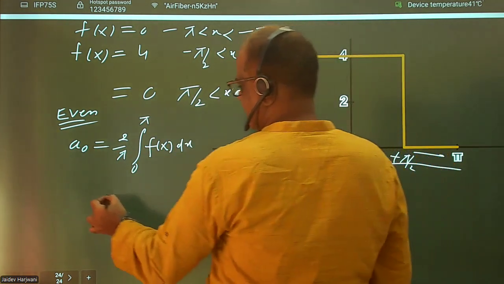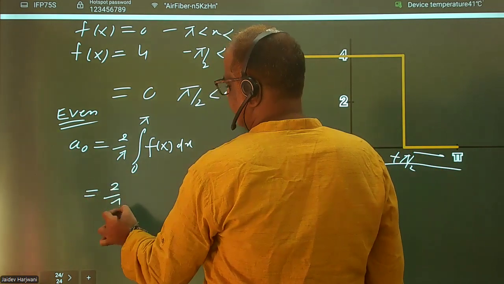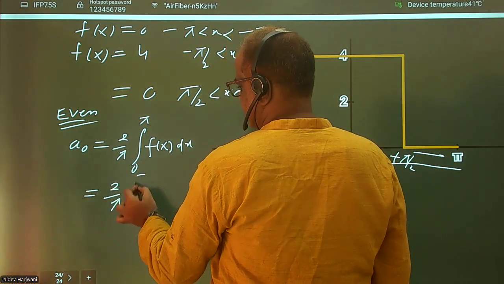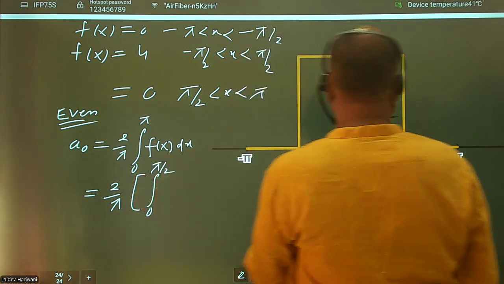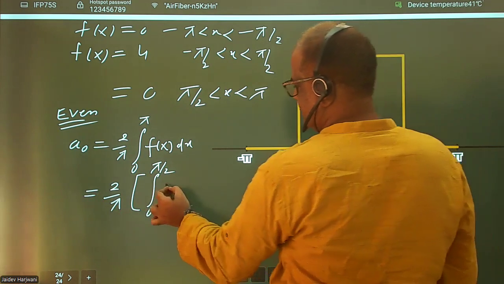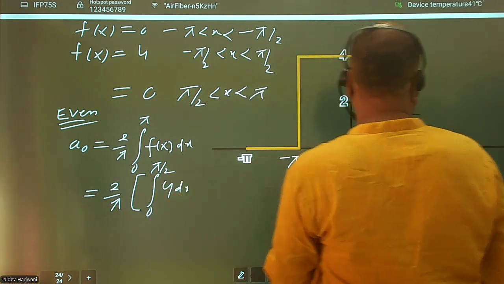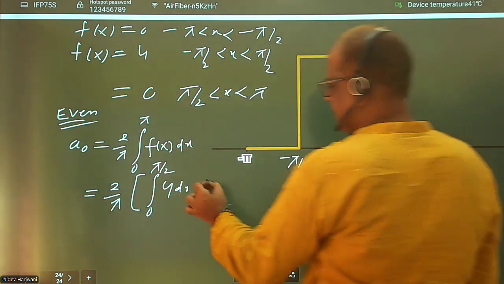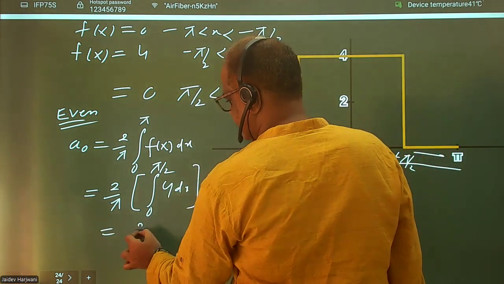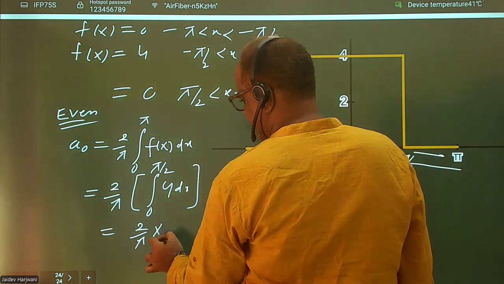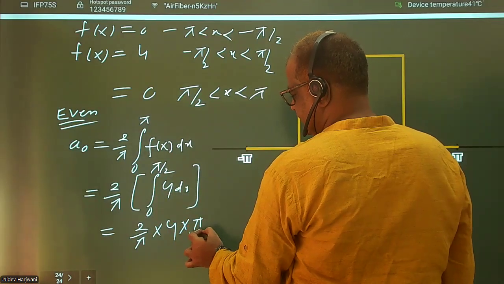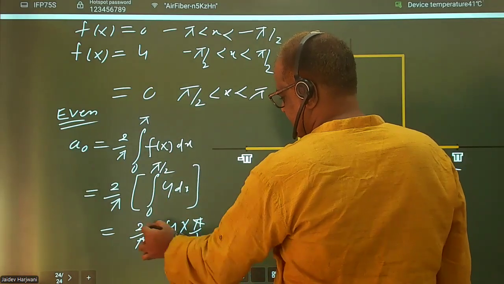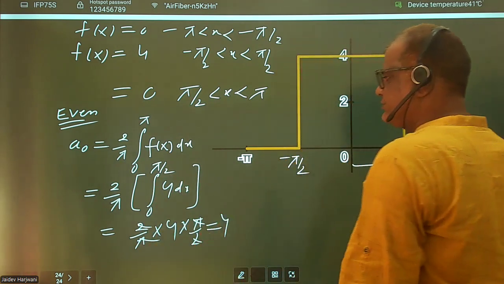I can break this into 0 to pi by 2, where the value is 4, dx, and pi by 2 to pi, where it is 0. So I only need to solve this one. This becomes 2 upon pi into 4, into pi by 2 minus 0. So pi cancels, and this a naught value becomes 4.